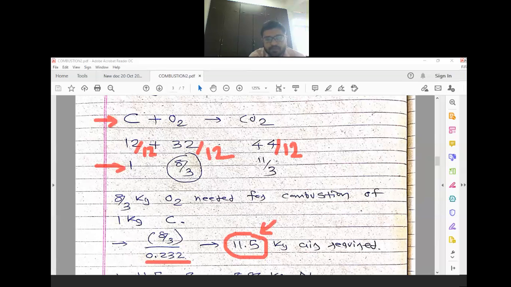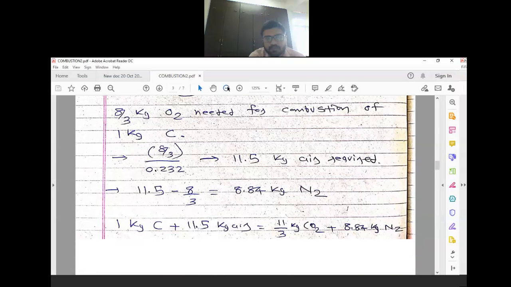In this formula I have written the quantity of air. Now we subtract the quantity of oxygen, so we can find out the quantity of nitrogen. Clear?